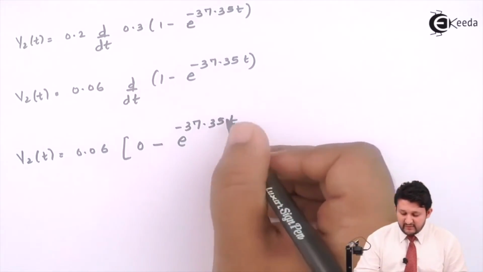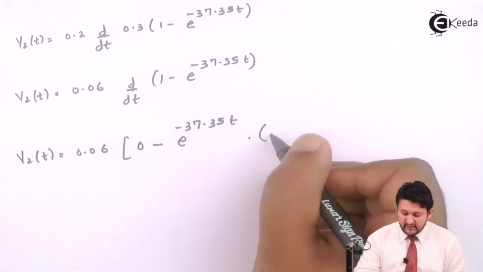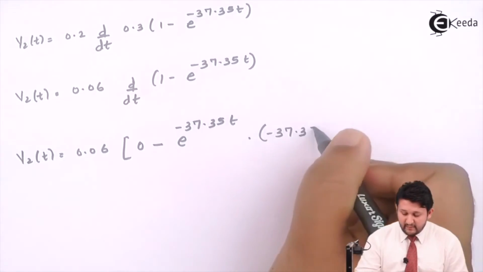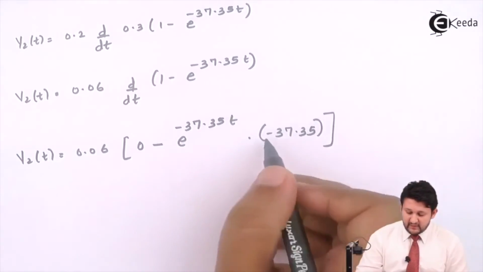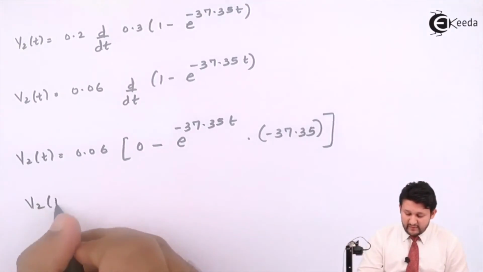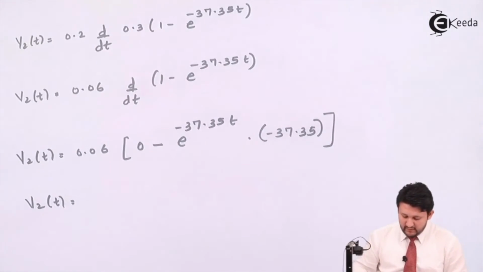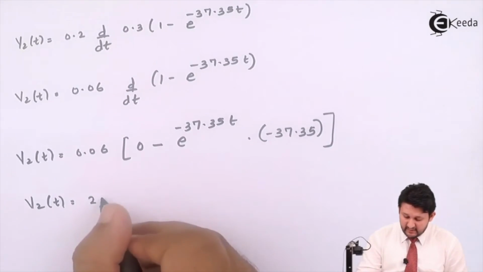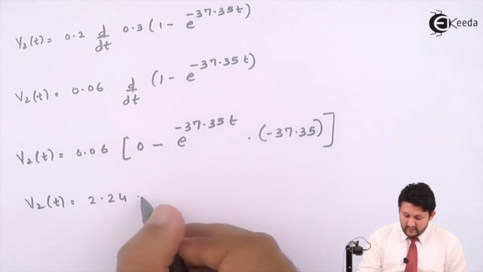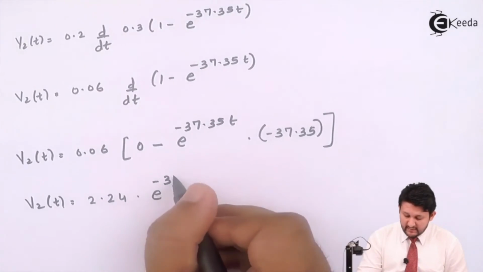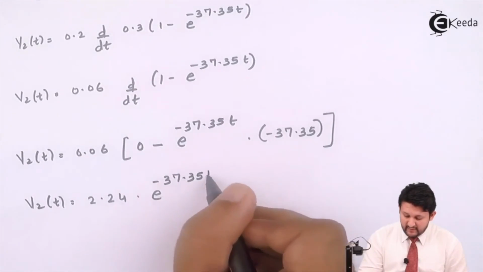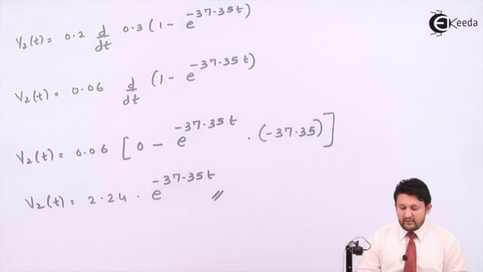Since you are differentiating with respect to t, the t coefficient is minus 37.35. So minus minus will be plus. So V2 of t will be equal to 0.06 into 37.35. So the value which I get is 2.24 into e raised to minus 37.35 into t. That's the value for V2.